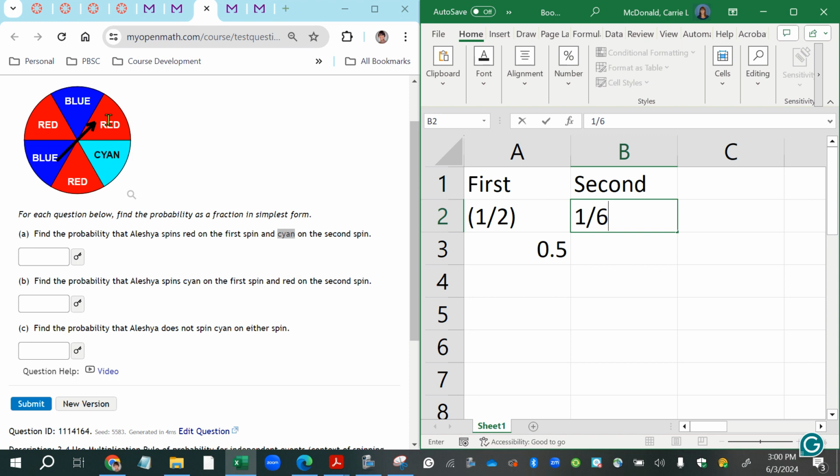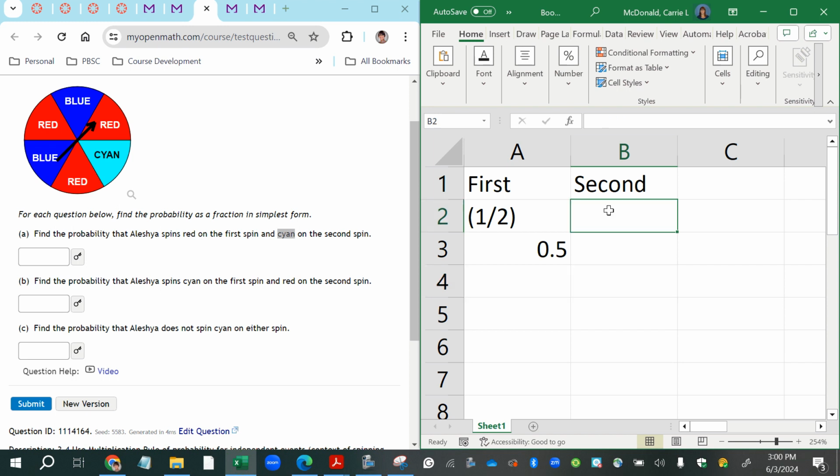Whatever section the pointer landed on the first spin is still going to be there on the second spin. So that means that the probability is not affected by what happened on the first spin, right? The probability on the second spin is not changed based on what happened on the first spin. So that's called independent trials.